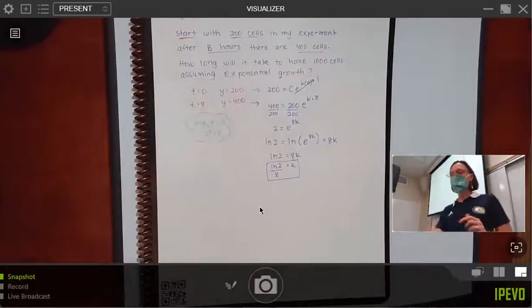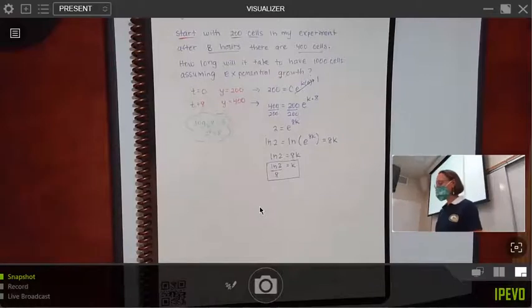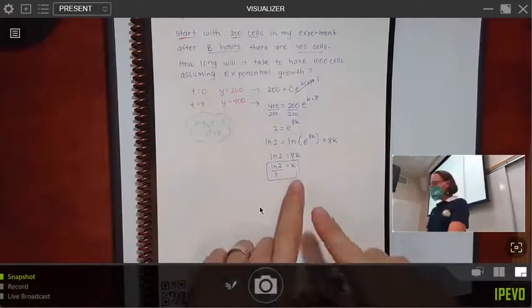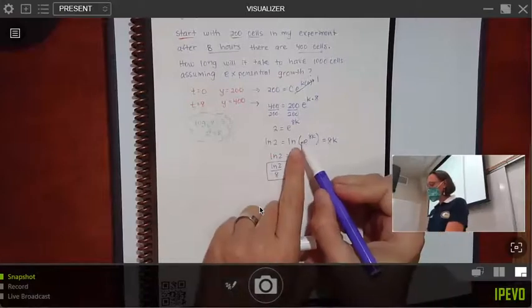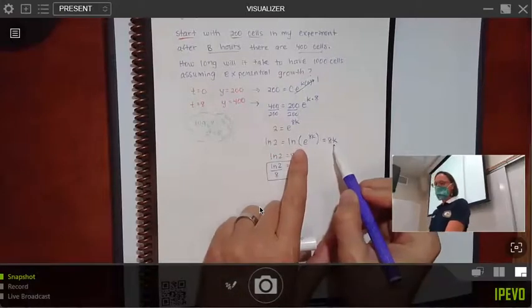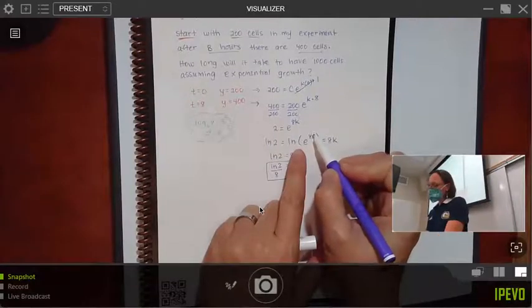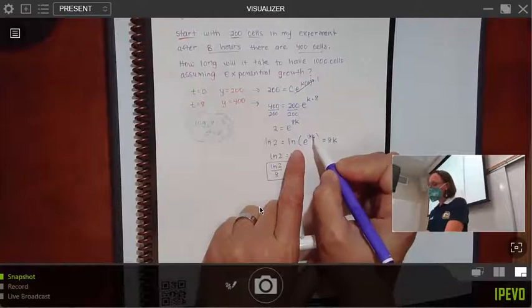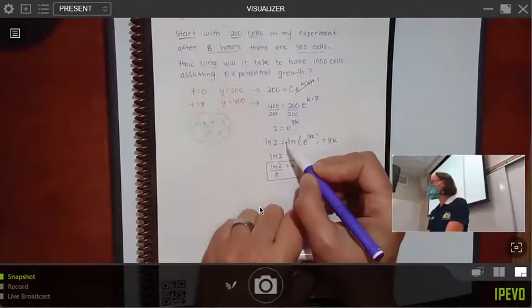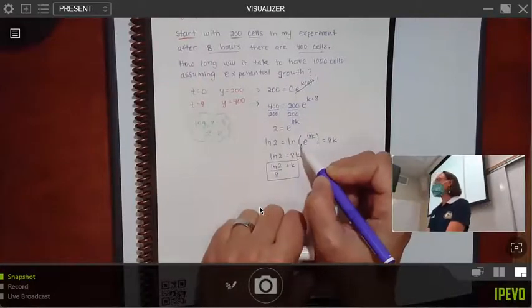Just notation wise, and if you're watching someone else do this, another way that we can go from here to here is to use the log property that says that 8k is an exponent and can pop down in front. And then the natural log of e is equal to 1.